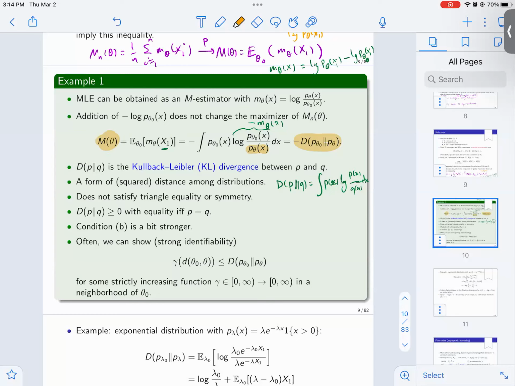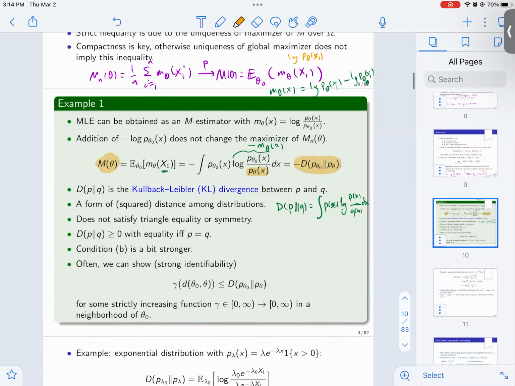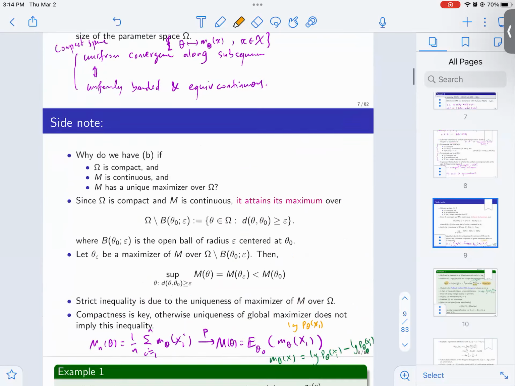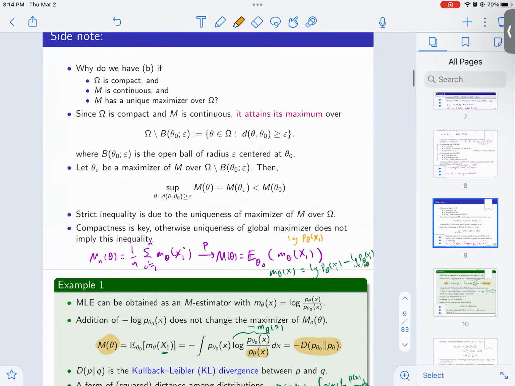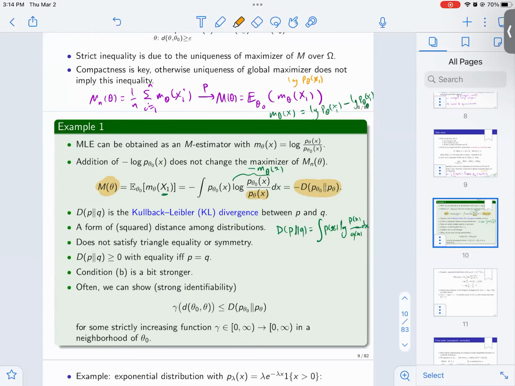Whether it satisfies that uniqueness condition, you need a little bit more information. If the parameter space is compact and M is continuous, and you have the unique maximizer criterion, then that would be satisfied.